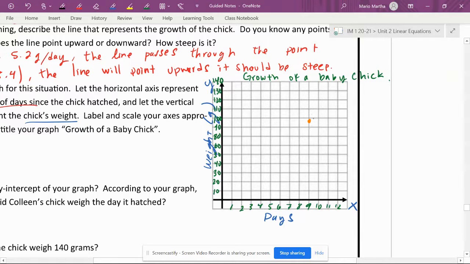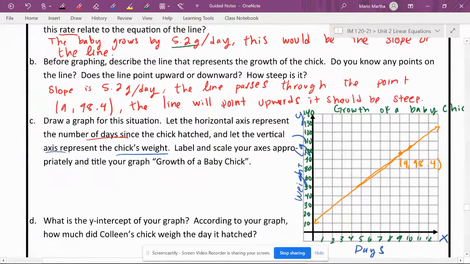So up 5, and then 1 to the right. So it should be right there. So let's draw our line. I don't know how accurate this is, but we know for sure it is a line that matches the description that we gave in the previous problem.